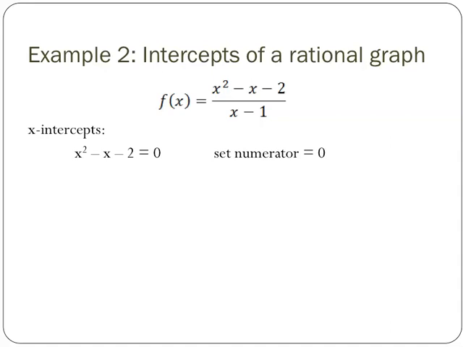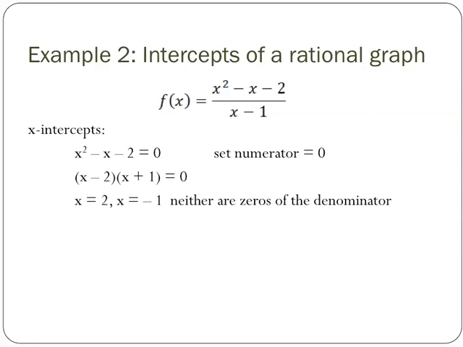It looks like it's factorable. So x minus 2, x plus 1, which means x equals 2, and negative 1. The only other thing you want to check is to see whether or not either of those make the denominator equal to 0. In this case, it does not, so 2 minus 1 gives you 1. Negative 1 minus 1 gives you negative 2. Alright, so those are your x-intercepts.